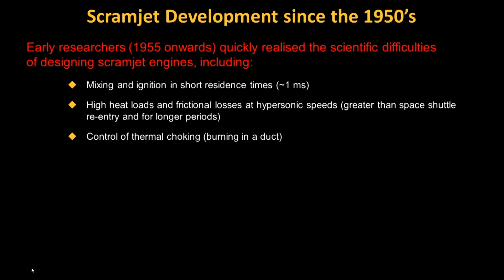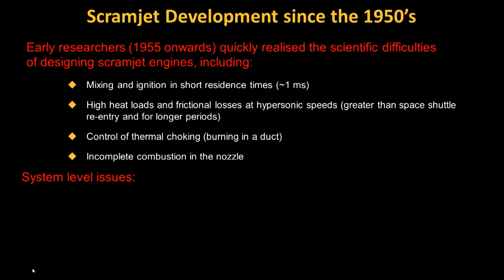Thirdly, burning fuel in a duct can sometimes lead to choking or flow blockage, and this must be managed in any practical scramjet. And finally, chemical reactions can freeze in the nozzle expansion, leading to incomplete combustion. As well as these scientific issues, scramjets also have system-level challenges.